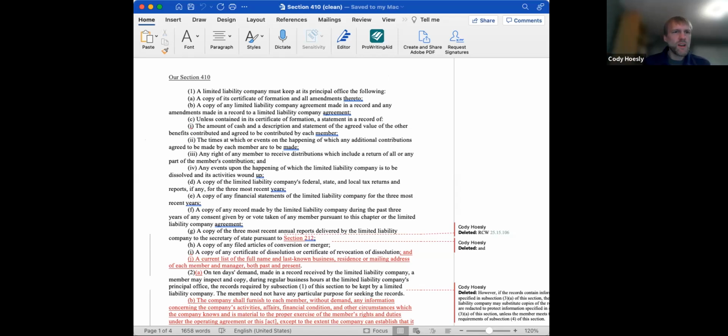So what you see here are red lines from the Washington statute. Substantial portions are the same as ROLCA, but there are other significant portions which are different. For example, subsection 1 is that list of all the documents the LLC needs to keep, which is consistent with Oregon law, and ROLCA doesn't have that. Where you see red lines in this 410 document is showing only deviations from that Washington statute.